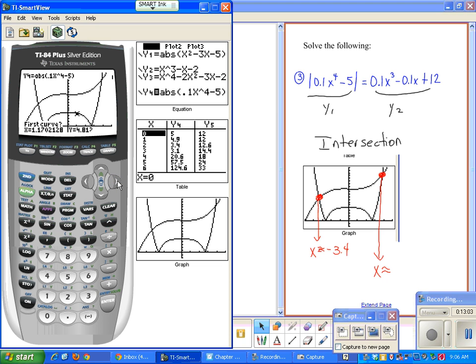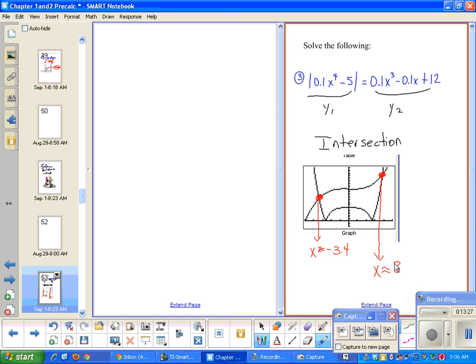And if you lose your cursor, just look at your X values to find out where it might be. Okay, there we go. Pretty close. Press enter. Second curve, yes. Press enter. Now we want it to guess. And it looks like that's going to be at approximately X equals 3.87. Make sure you're rounding correctly.